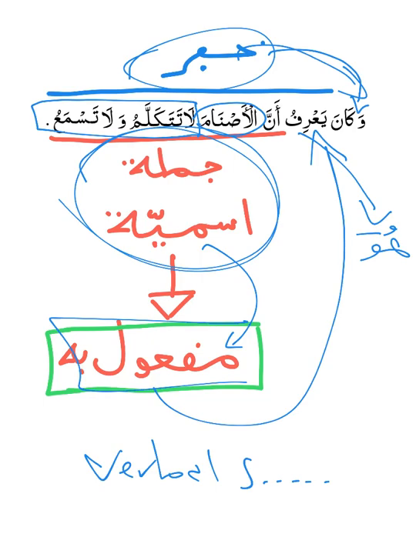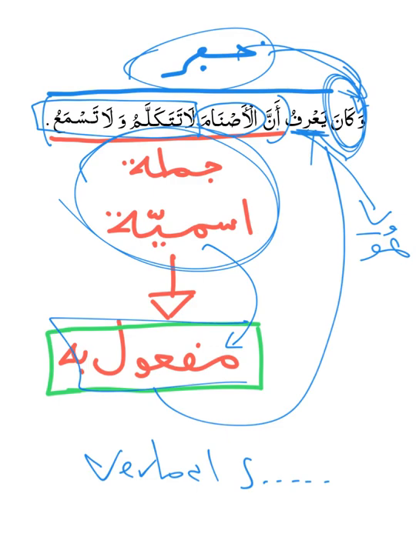It's got sentences within it. It's got two sentences within it. يعرف with its فاعل and مفعول به is a sentence. Then you've got another sentence within. Anna with its ism and khabar. So altogether you've got three sentences here. But the final sentence is jumla fi'liya. Kana with its ism and khabar becomes jumla fi'liya.